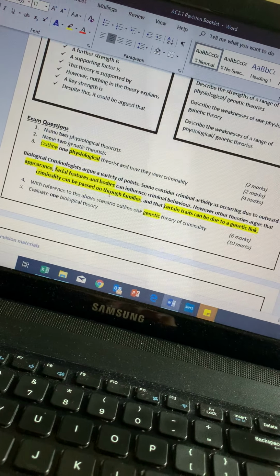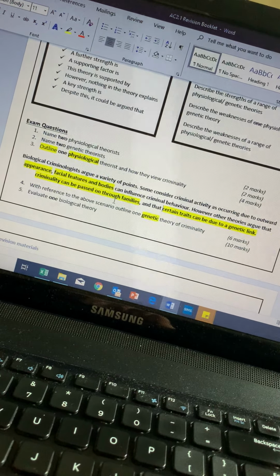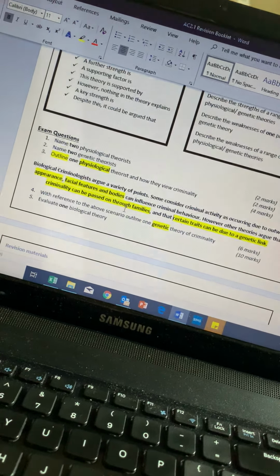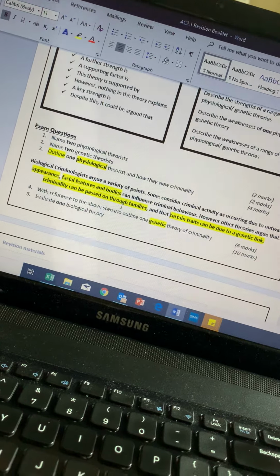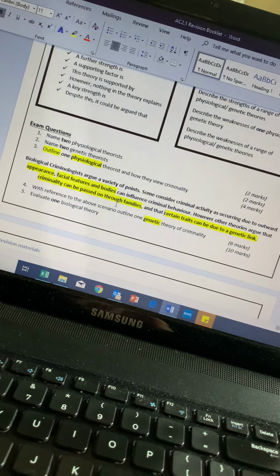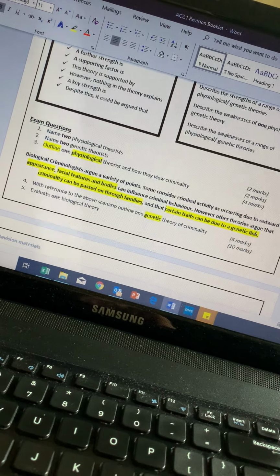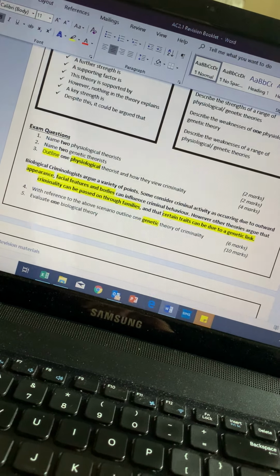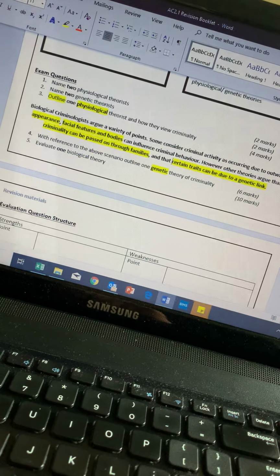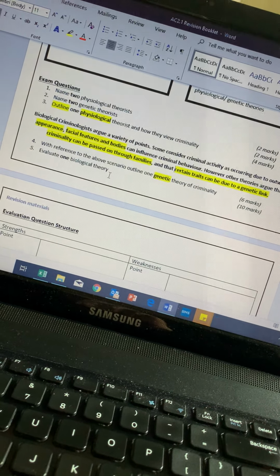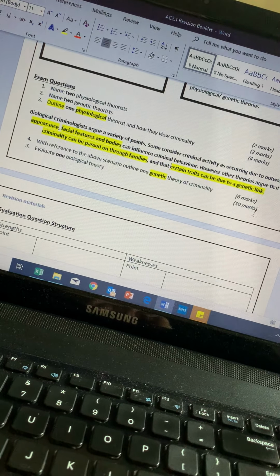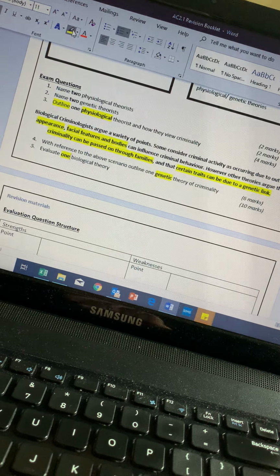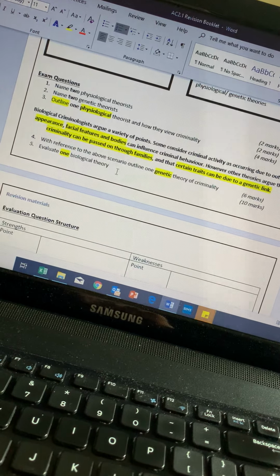But can be passed on through families, so you can talk about how it's inherited, you can talk about Mednick's study. If you remember Jeffrey Landrigan we looked at, that awful dramatisation, shall we say. Despite the bad acting, it was actually a really good representation, and it is a real case. It's not a made-up one, so you can use that as well. And then evaluate 1 biological theory. 10 marks is a lot, so it is quite a longer question, and it's 1 biological theory.